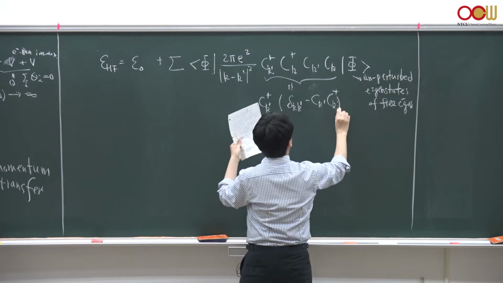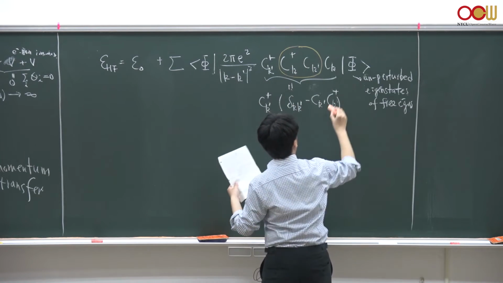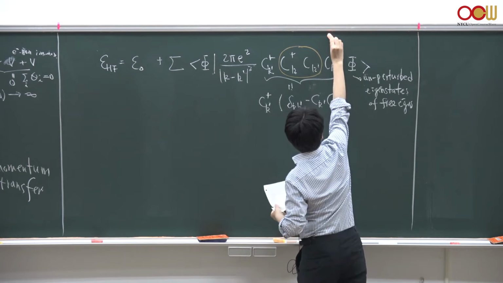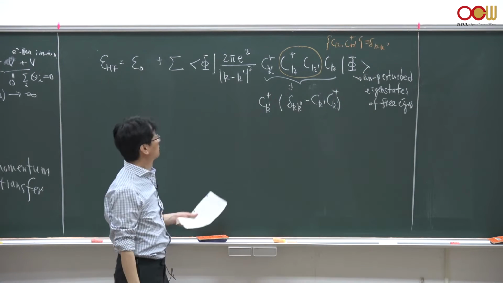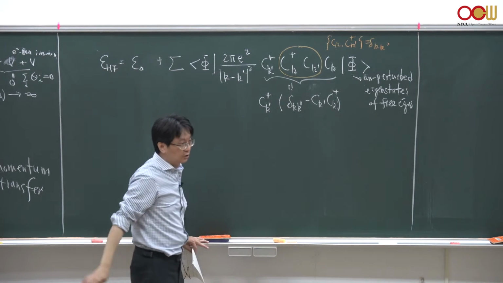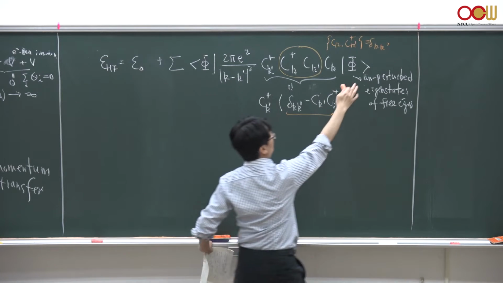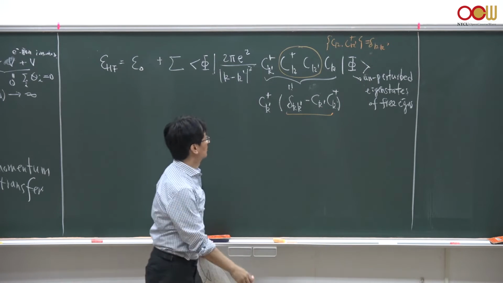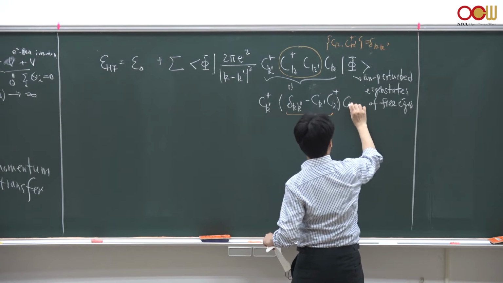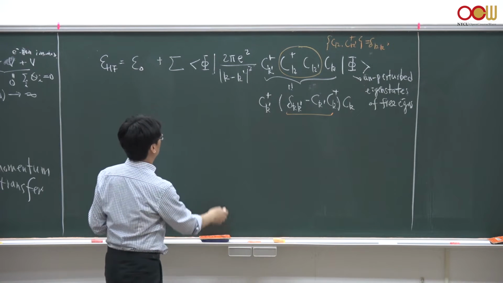Suppose I try to interchange these two by using this anti-commutation rule. Okay? So first I interchange the middle two operators. I get this by using this anti-commutation rule. And the last one, I simply just copy this.